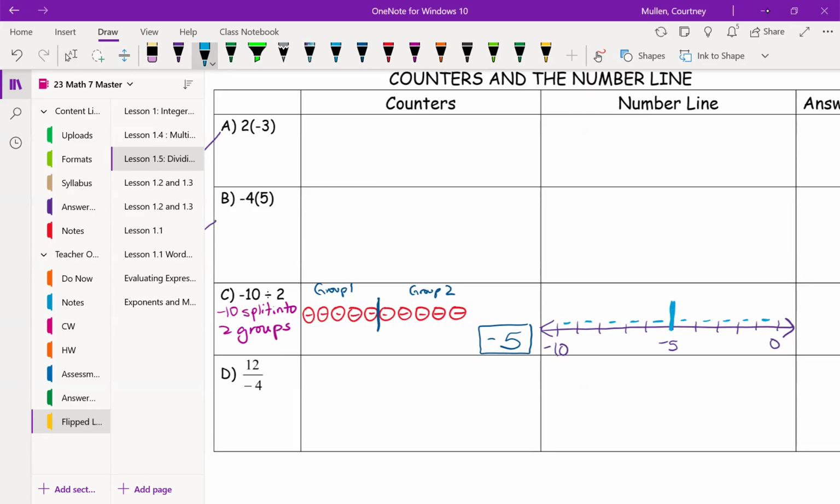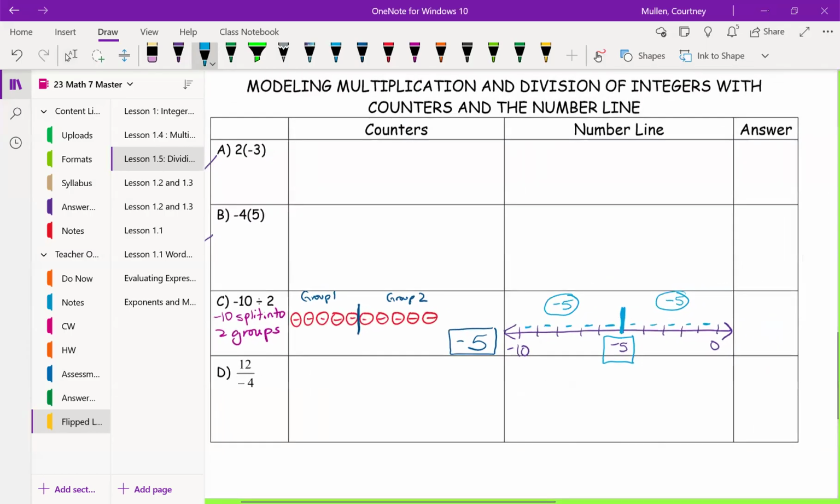So again, we have 5 in each group. And since it's negative, we have -5 in each group. You can also see that that is where the group got split. So the quotient of -10 divided by 2 is -5.